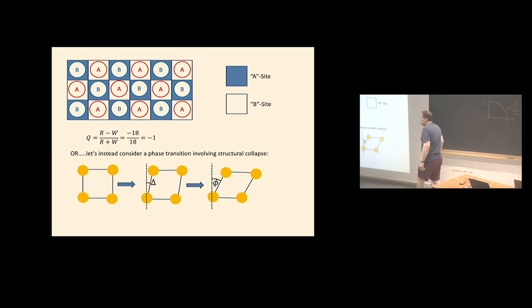And the order parameter then would be normalized, so it would be delta divided by phi, happy days. In the fully high temperature, high symmetry state, delta is 0, so the order parameter is 0. In the fully low temperature state, transformed, delta is equal to phi, and therefore phi over phi is +1.